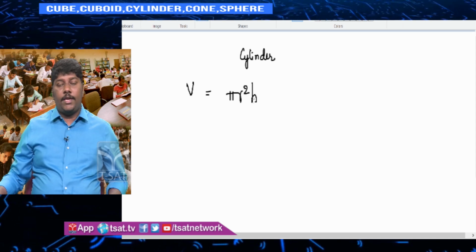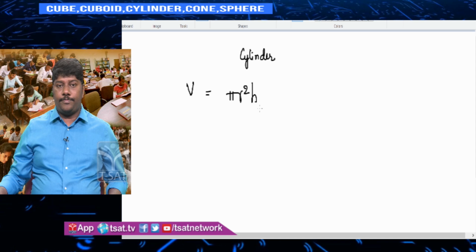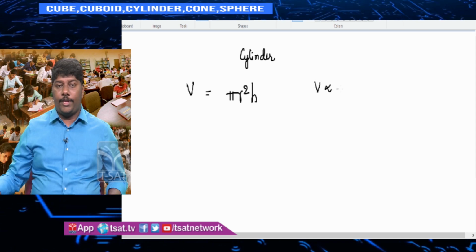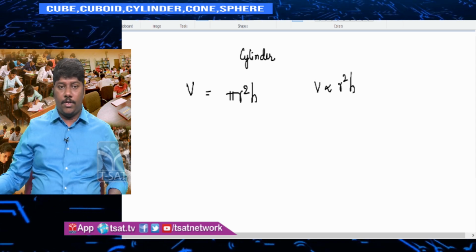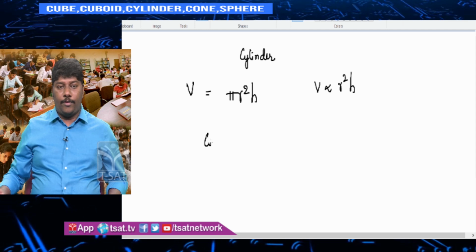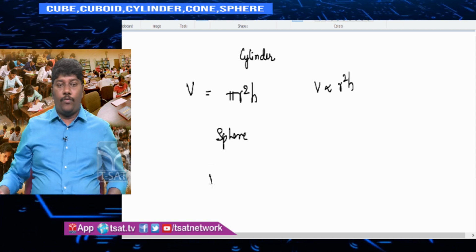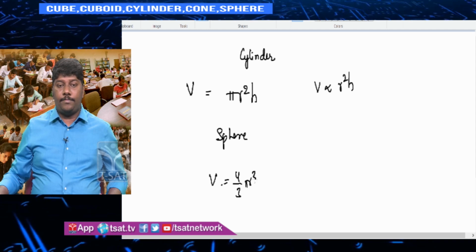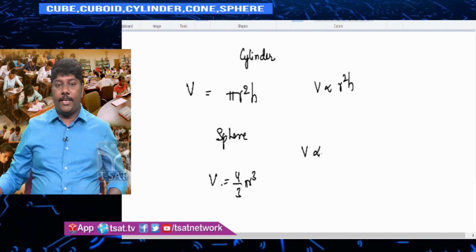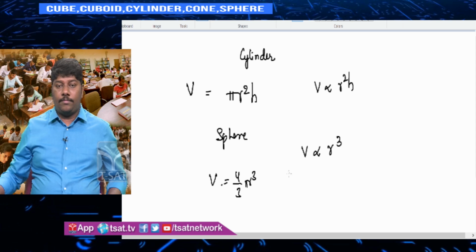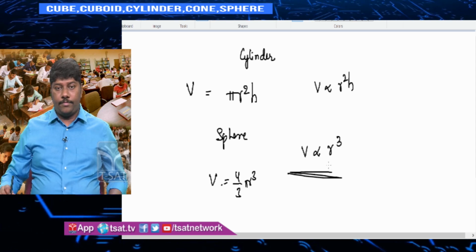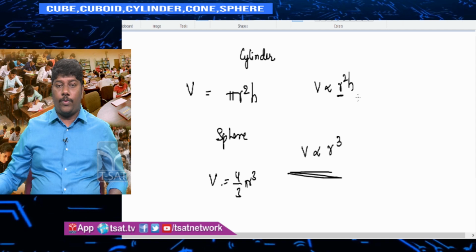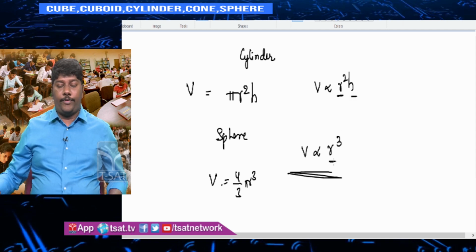Now volume of a cylinder is pi r square h. Here the variables are r and h, therefore volume varies directly with r square h. If I take the volume of a sphere, volume is 4 by 3 pi r cube. So volume varies directly with the cube of radius.